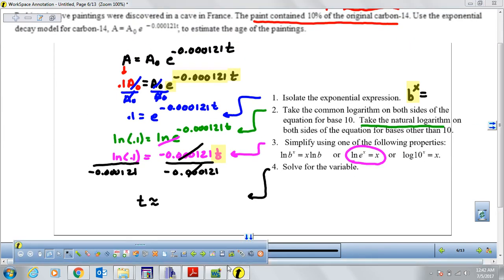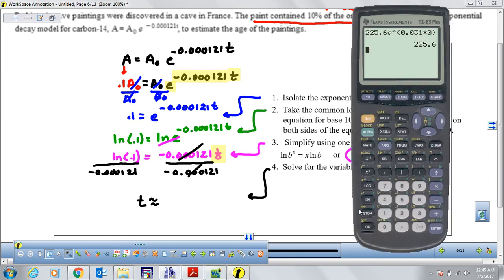So we're going to go to the graphing calculator and we're going to put everything in. So we have ln of 0.1, then we close the parentheses, and that is divided by negative 0.000121. And that gives us 19,029.6.